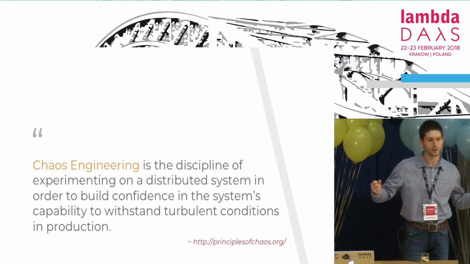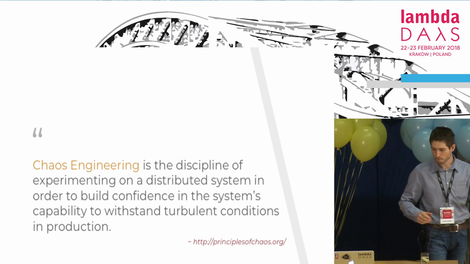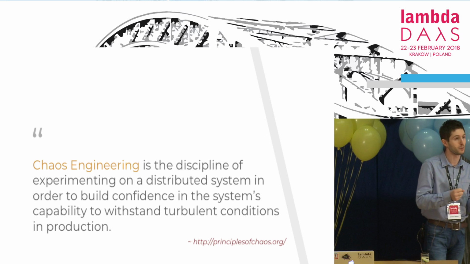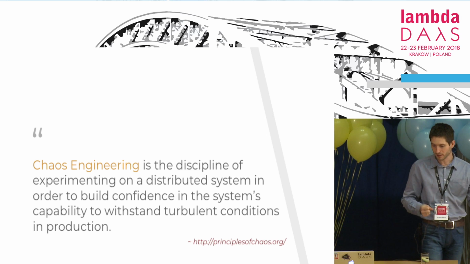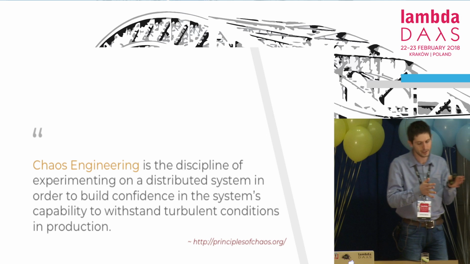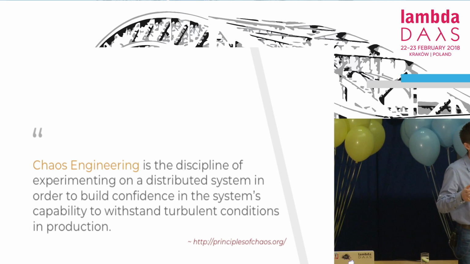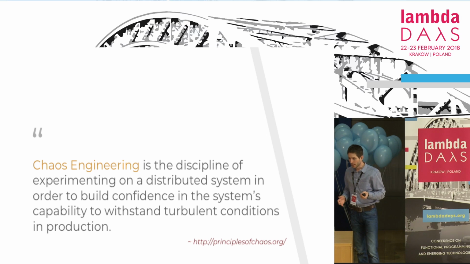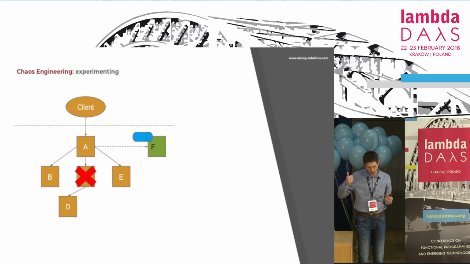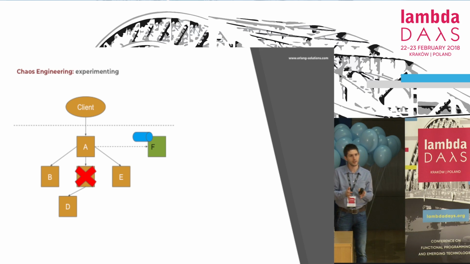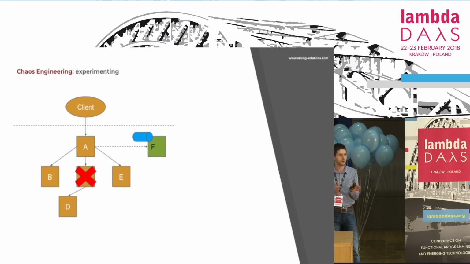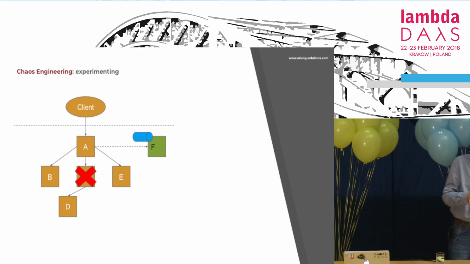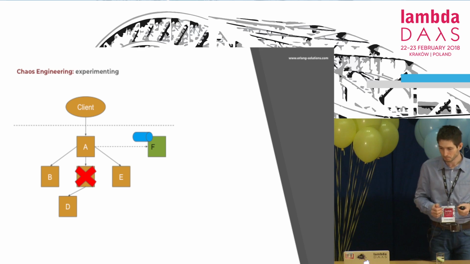So it's empirical because it's about experimenting, it's about learning system behavior because it says about building confidence, and finally it's about experimenting at scale because we are running experiments in production. And this example could be a valid chaos engineering scenario in which we deliberately disrupt C to learn the weakness of the fallback F.